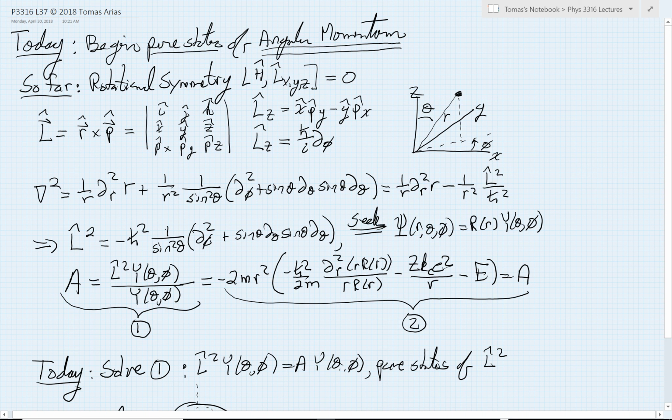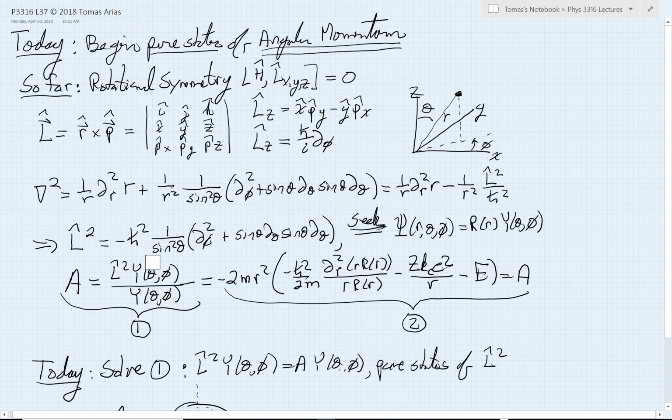That led us to attempt the standard procedure from partial differential equations of separation of variables, expressing then our pure state wave functions in terms of a product of a purely radial part and a purely angular part, which we called Y. When we inserted this into the time-independent Schrödinger equation, we found that we were actually successful in separating out the angular parts from the radial parts, showing that these two equations separately must equal a constant A.